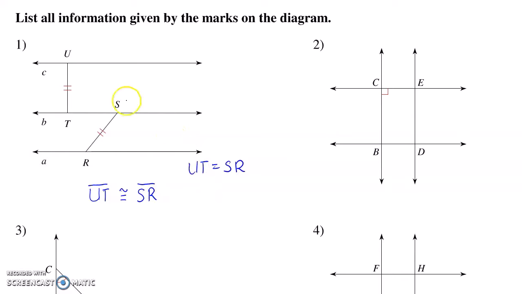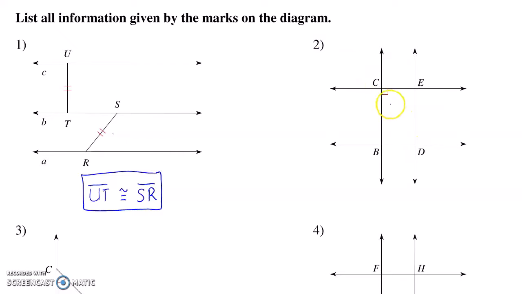That just means the distance between U and T is equal to the distance between S and R. And we do have an axiom that reads, if segments are congruent, then they have equal measure. But what these tick marks are actually indicating is the congruence.